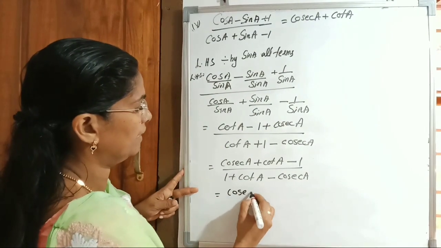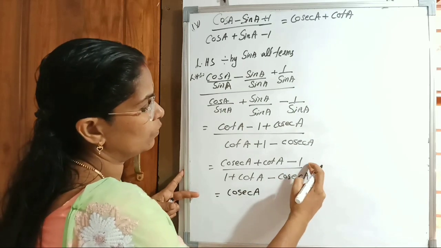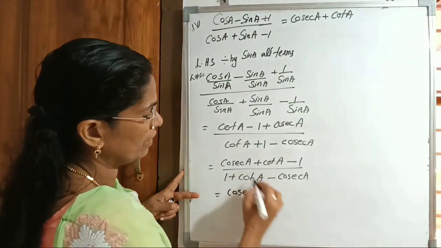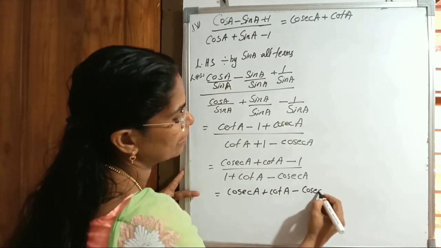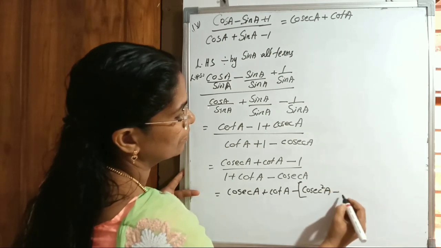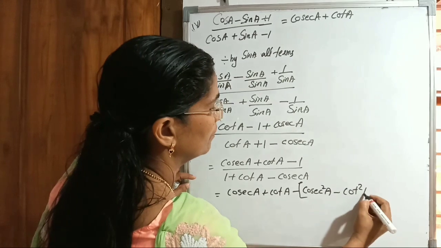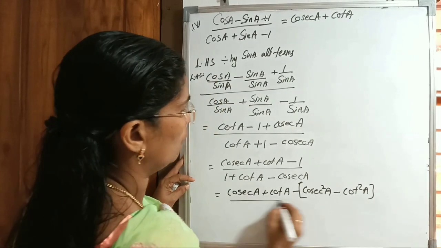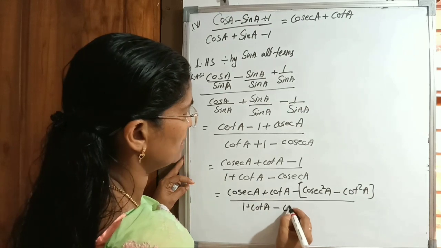We learned one identity, cosec square A minus cot square A is equal to 1. So we applied this 1 as cosec square A minus cot square A, all divided by 1 plus cot A minus cosec A.